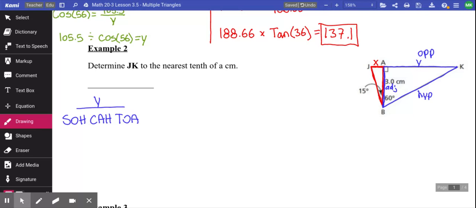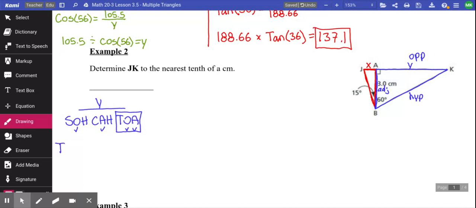So check marks under O and A would give me TOA. My formula for TOA is tan of theta equals opposite over adjacent.